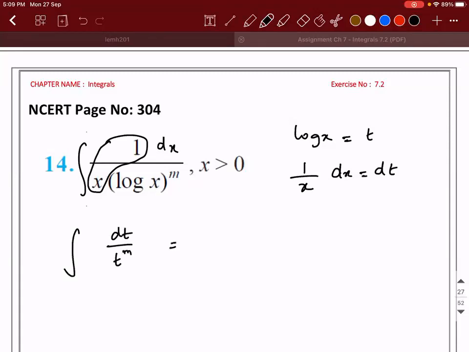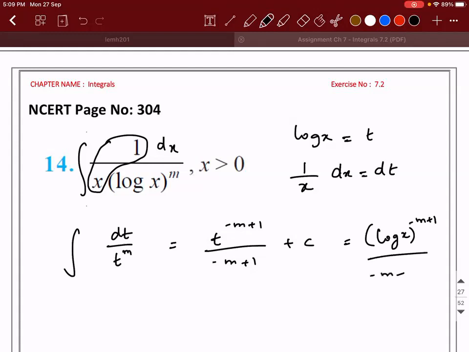So what will the answer be? T power minus m plus 1 divided by minus m plus 1 plus c. But what is t? Log x the whole power minus m plus 1 divided by minus m plus 1 plus c. Okay. Next.